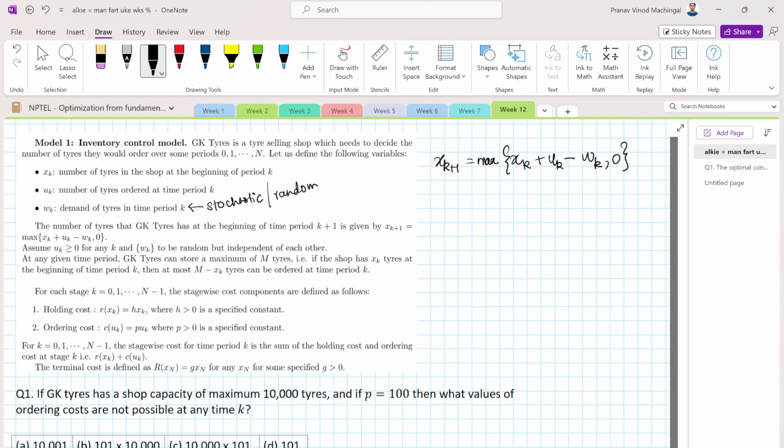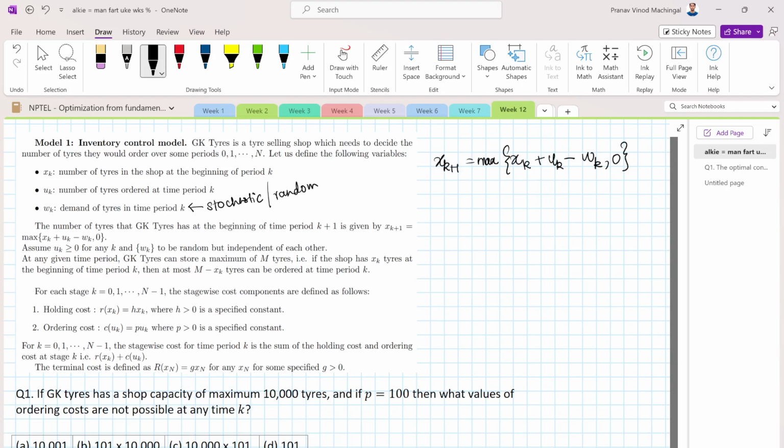So that is the capacity of our shop. We can't have more than m tires. And if you have xk tires at time period k, then at most m minus xk tires can be ordered at any time period, because you have a total of xk plus uk, and that can't exceed m.